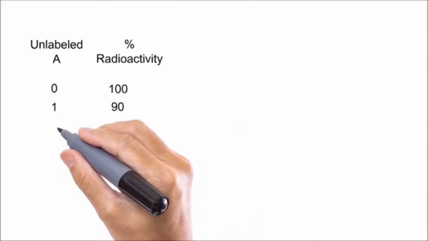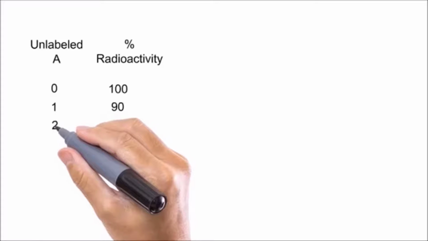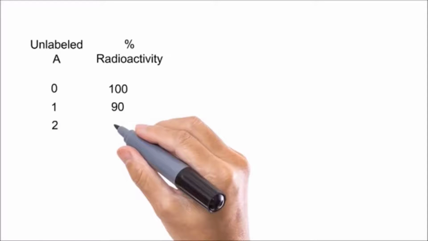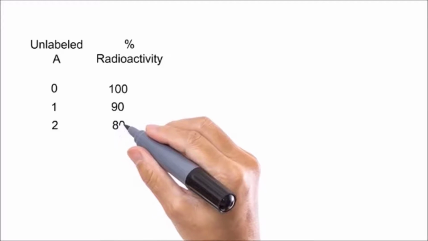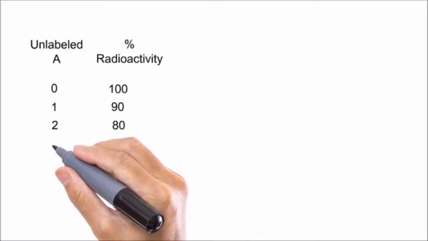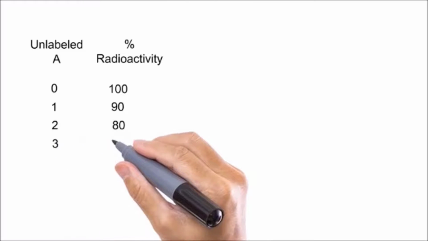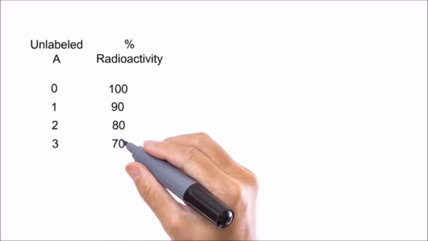Now tell, what will happen if we further increase the concentration of unlabeled antigen, say 2 nanogram? Yes, the radioactivity will further decrease, and it will be proportional to the concentration of unlabeled antigens added to the well. So if it became 90% for 1 nanogram, it may decrease to 80%, right? What about 3 nanogram? Yes, it will decrease to 70%.